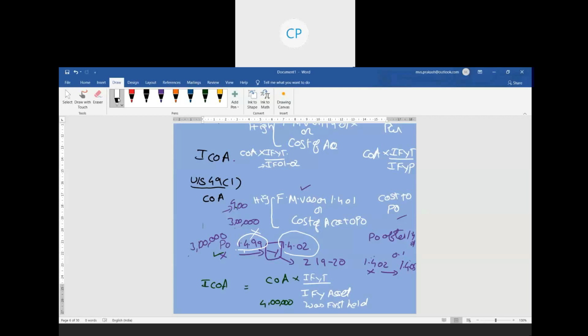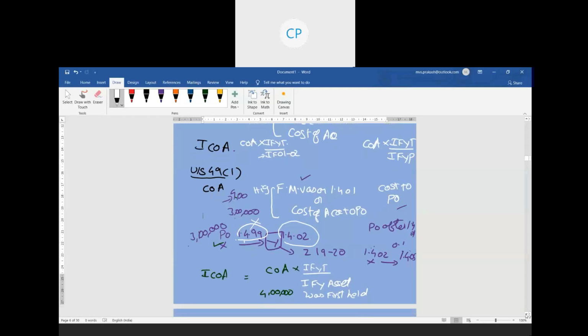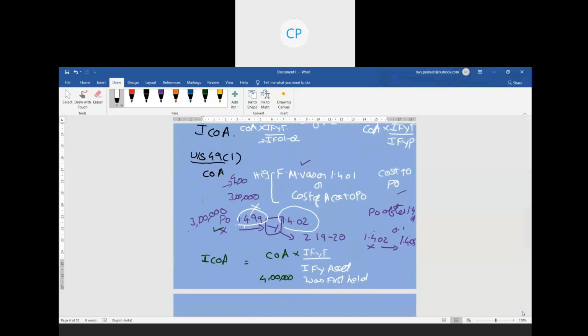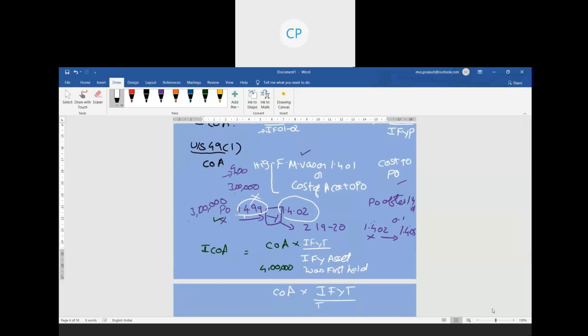That is as per the Income Tax Act. If you look into the Bombay High Court's position, it says take your cost of acquisition, multiply it with the index value for the year of transfer, and divide that with the index value for the year the asset was acquired by the previous owner. From the year the previous owner bought the asset, we consider. So as per the Bombay High Court I will not consider this but I will consider that. As per the Income Tax Act I will consider this but not that. That is the difference in the court judgment.